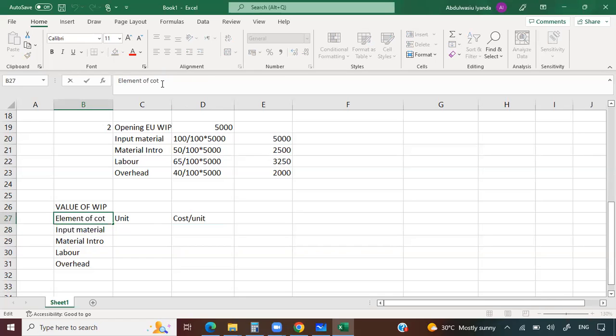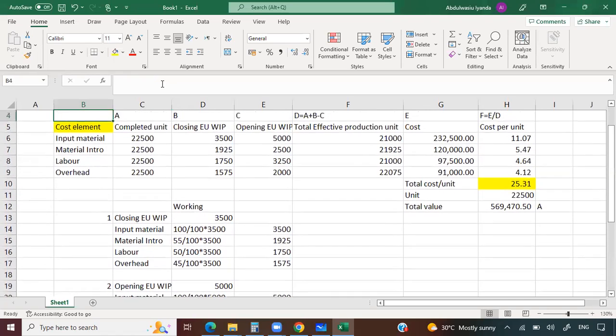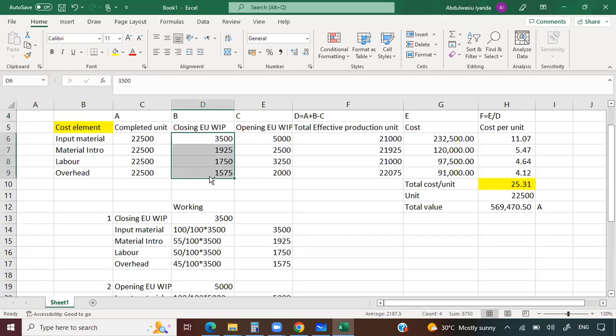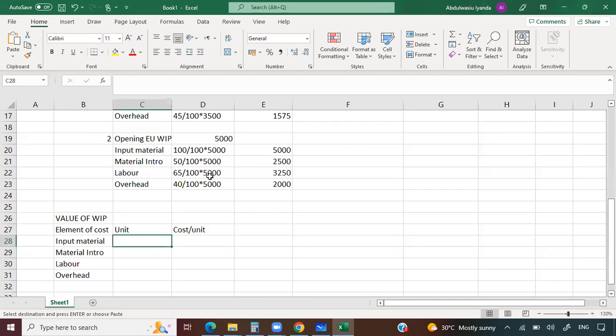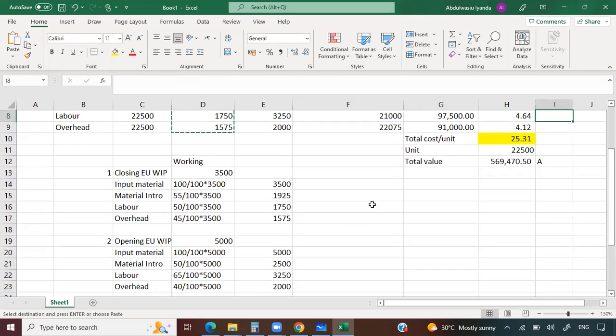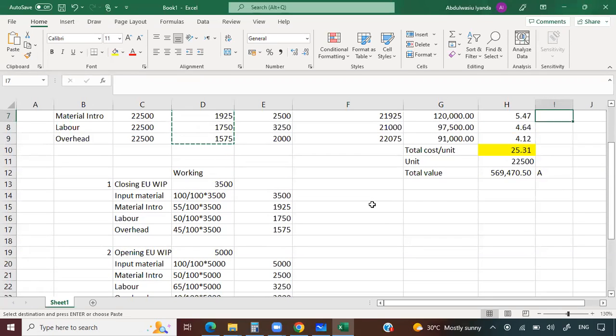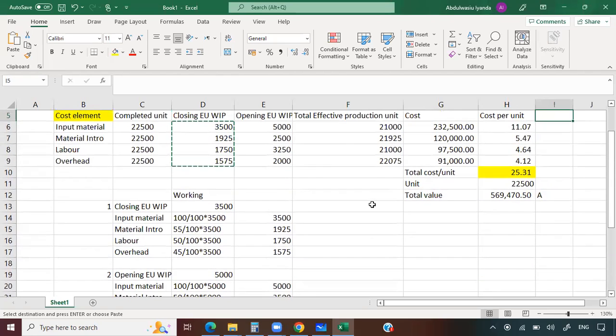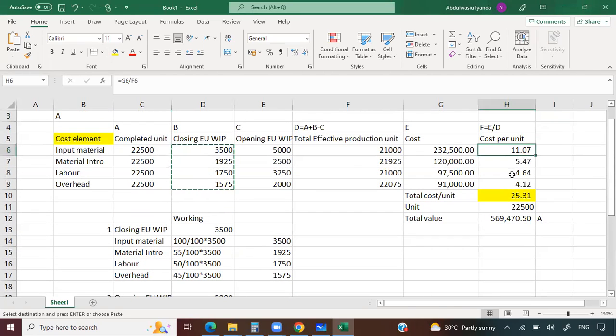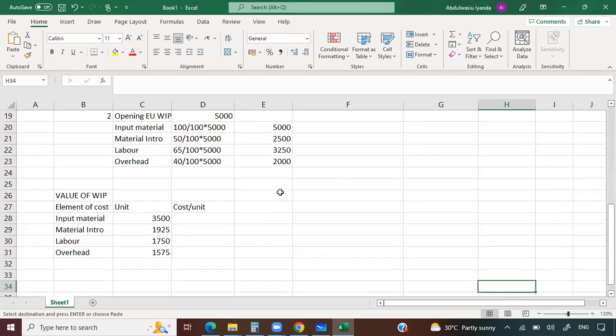What is the unit? The closing. The closing is this. Then what is the cost per unit? You go and copy that cost per unit that you have calculated already. Copy this and bring it down here.